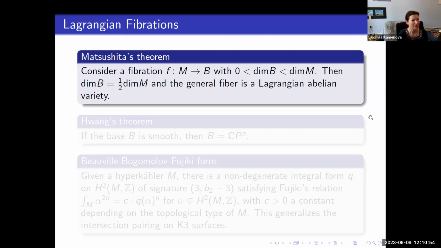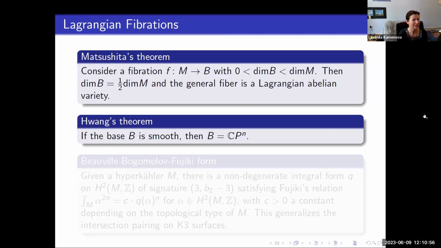And moreover, Hwang proved that if the base is smooth, then the base is precisely the complex projective space CP^n. And in hyperkähler geometry, people have this conjecture that the base is always smooth, and therefore is always CP^n.